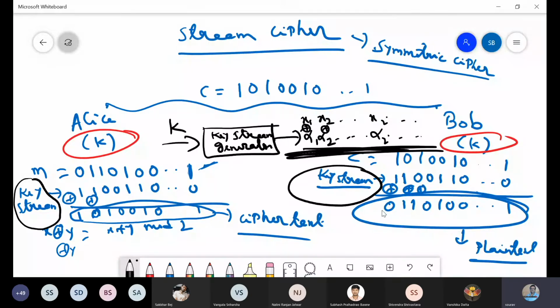Now, can you suggest some physical method to generate this key stream? If you have a coin, can you do this encryption? If heads comes, then we will put 1, otherwise 0. You can do it the other way around also.